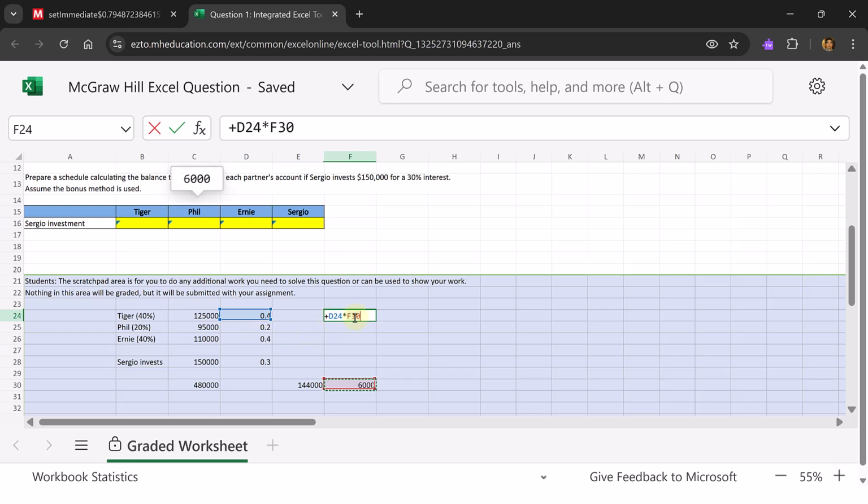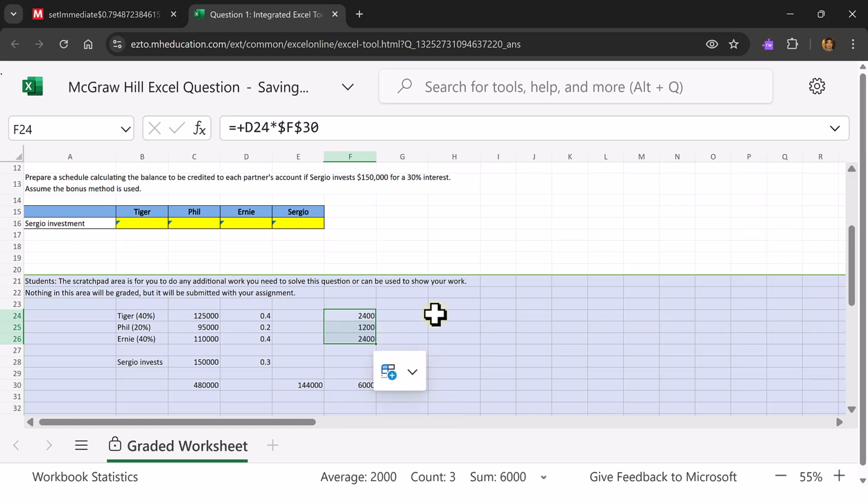But to lock in this F30, remember absolute versus relative, by putting in the dollar signs in front of the column letter and row number, we can lock in that F30 down here. So let me enter that, and using my fill handle, fill down to the next two rows.